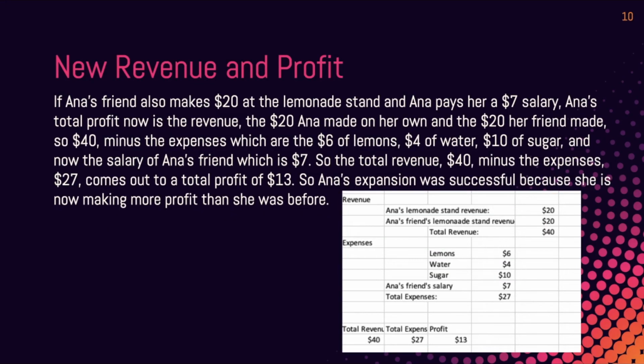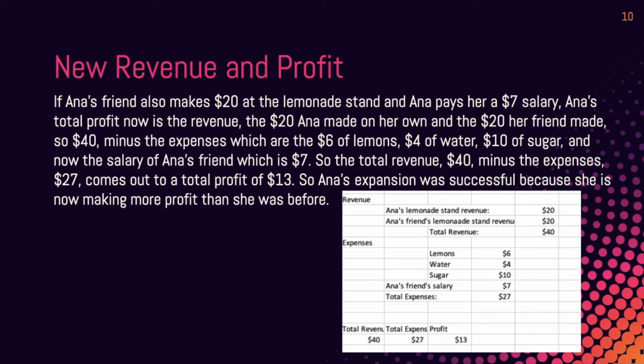Now that Anna has hired her friend, there's now new revenue, new profit, and new expenses that we have to calculate. Anna's friend also makes $20 at her lemonade stand, and Anna pays her a $7 salary. Anna's total profit now is the revenue, the $20 Anna made on her own and the $20 her friend made, or $40, minus the expenses, which are $6 of lemons, $4 of water, $10 of sugar, and now the salary of Anna's friend, which is $7.